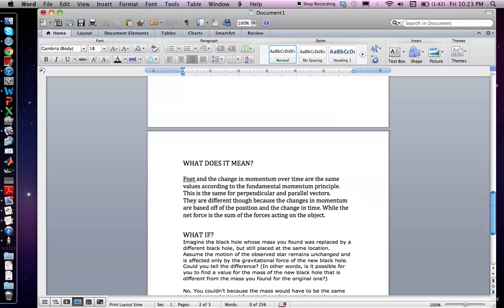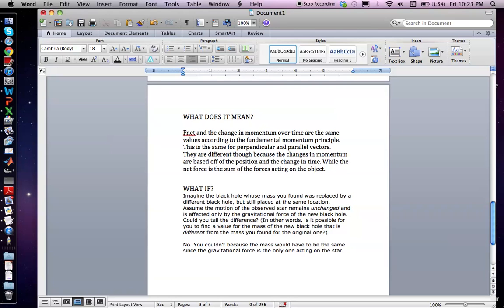The change in momentum over change in time is this calculation based off of how the position of the object changes, whereas the F net is the sum of the forces acting on the object. So those are the same value, but they actually are two different things.